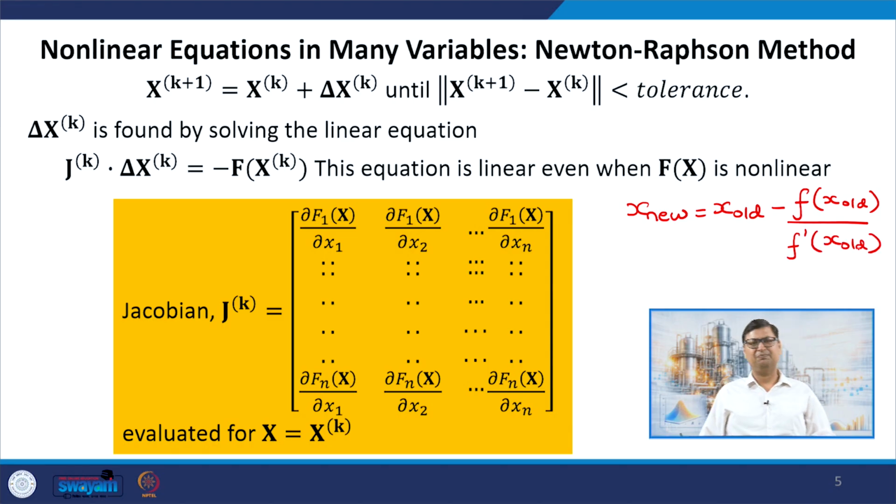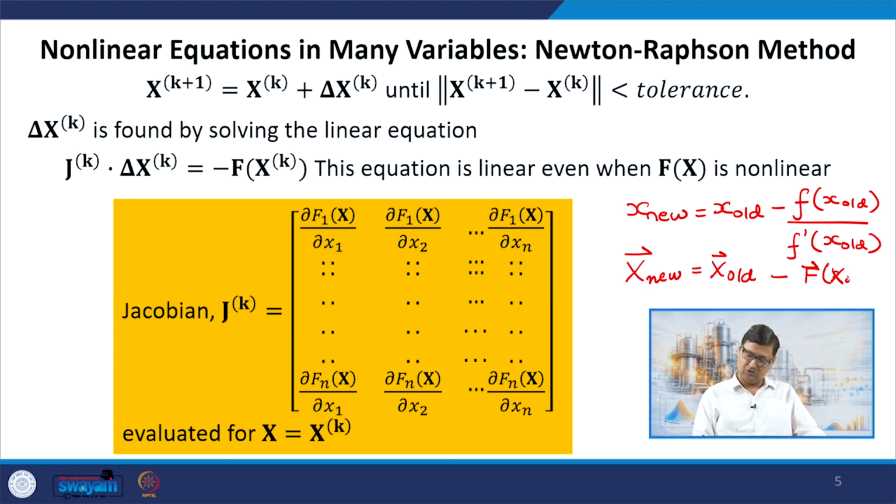And if I simply blindly replace all this x with the vector, I will have something like x new, which is now a vector, equal to x old, which is now a vector, minus the function vector of x old divided by the derivative of the function vector of x old, right.